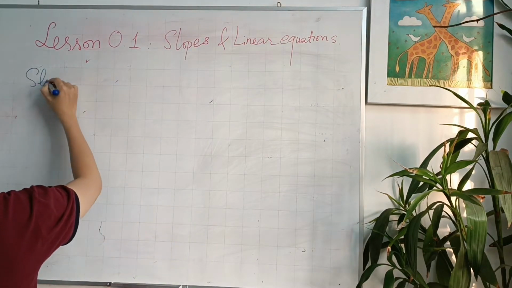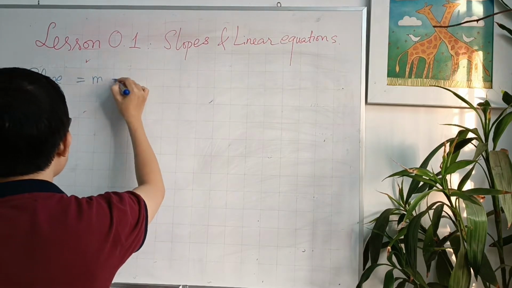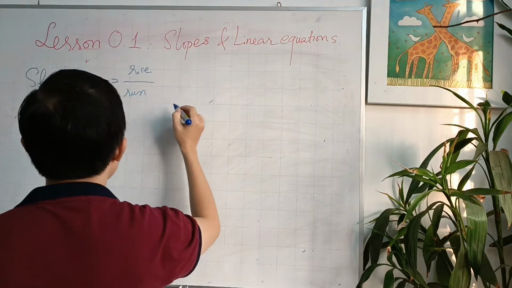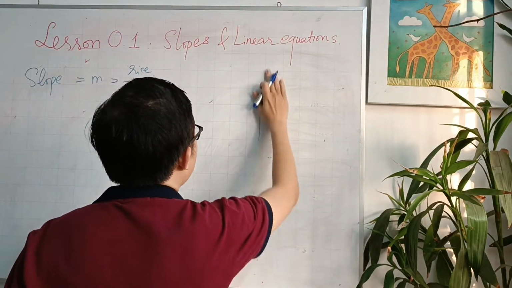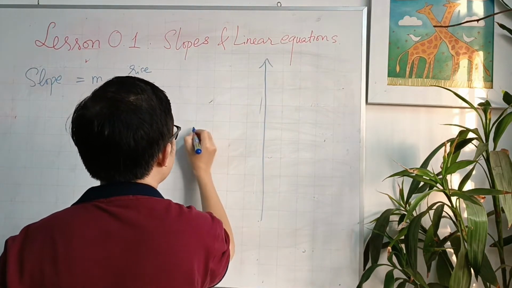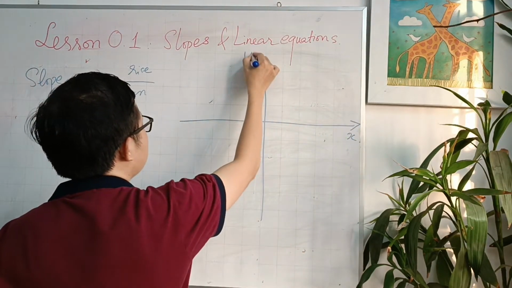So we have a formula: the slope M is rise over run. Okay, we have a coordinate system with the x-axis and y-axis.